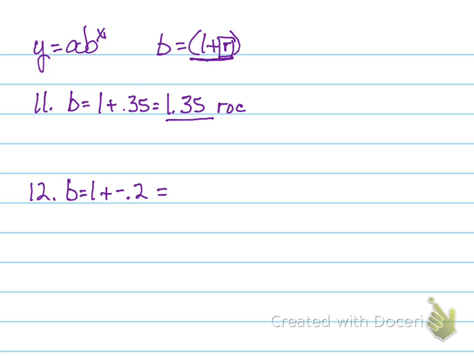And that should look kind of familiar. So 1 plus negative 0.2, or 1 minus 0.2. So when I subtract 1 minus 0.2, I end up with b is equal to 0.80, or 0.8. So 80% is our decay factor. Okay, all right, good deal.